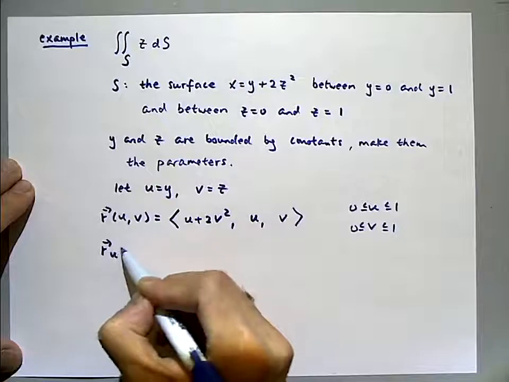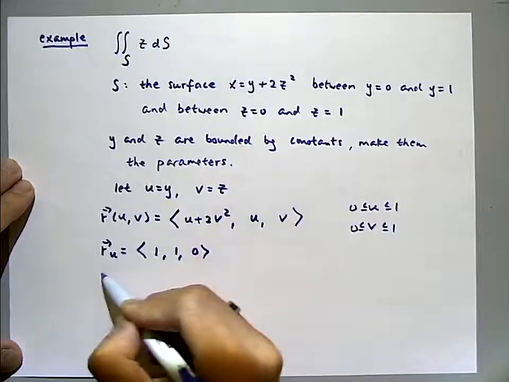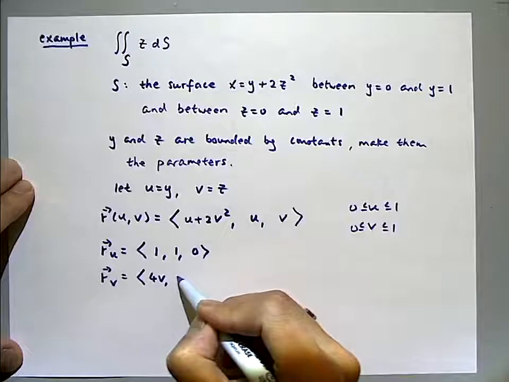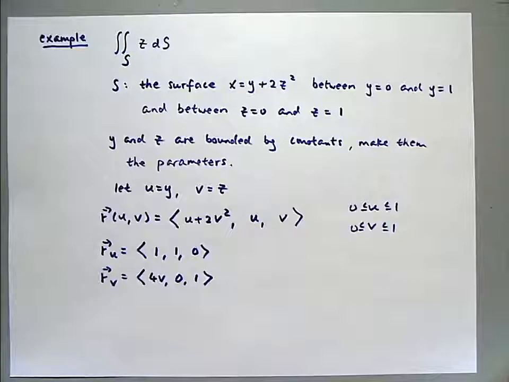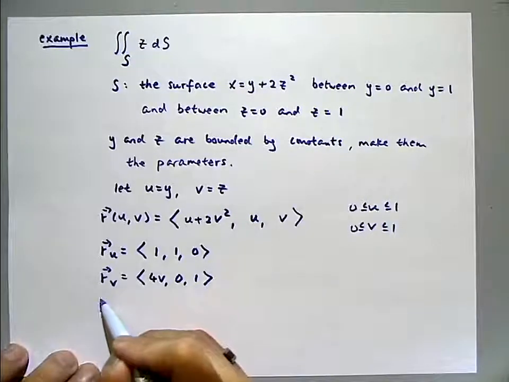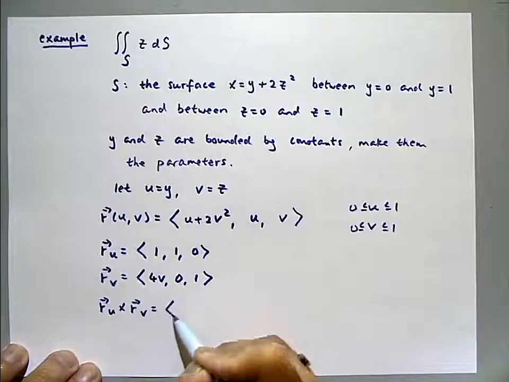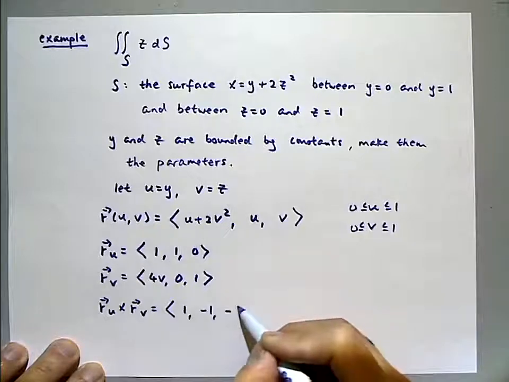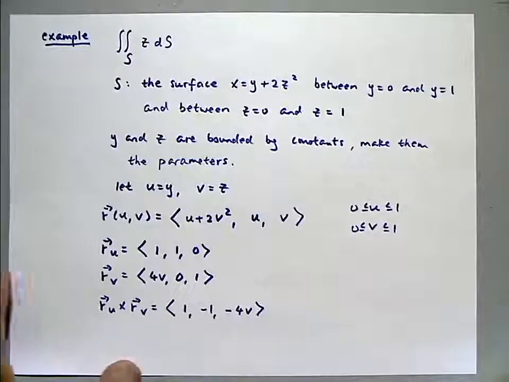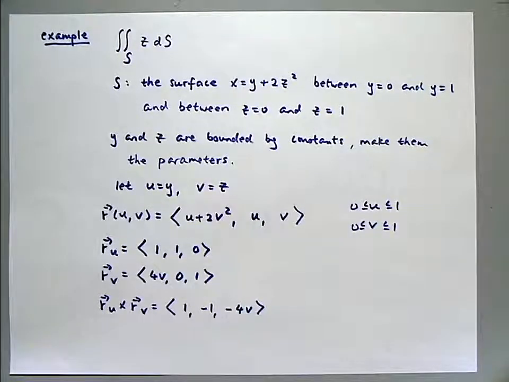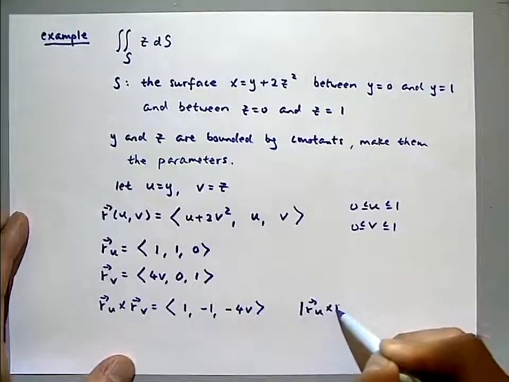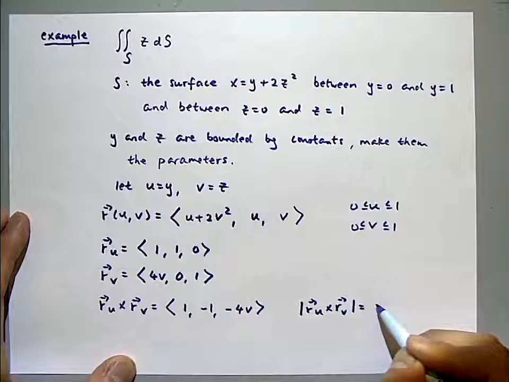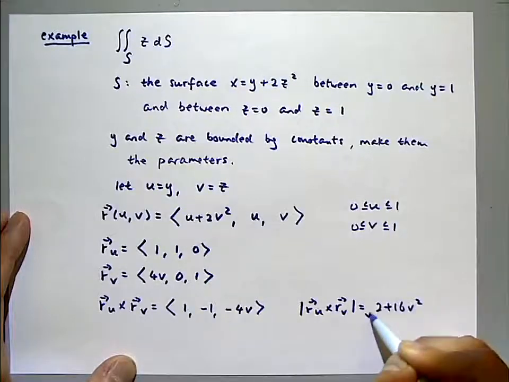Because we know what to do next, we take r_u = (1, 1, 0) and r_v = (4v, 0, 1). r_u cross r_v is (1, -1, -4v), and the magnitude of that is 1 squared plus 1 squared plus (4v) squared, which is 2 plus 16v squared, under a root.